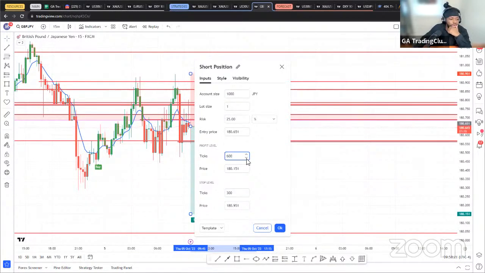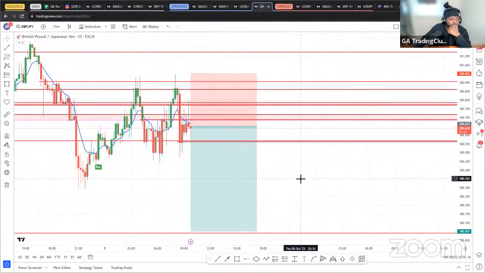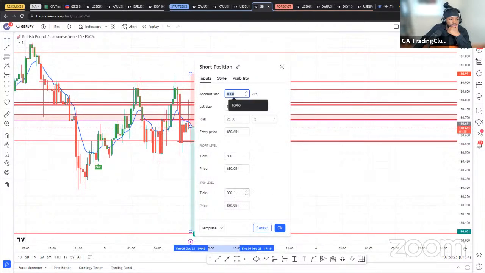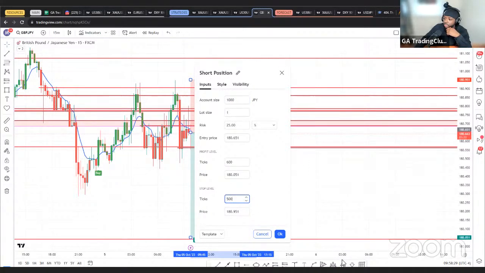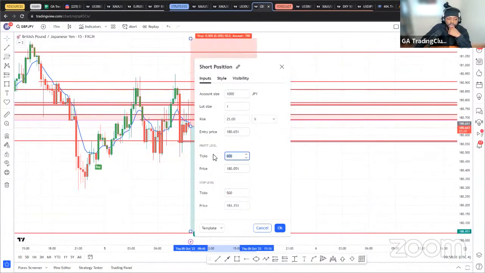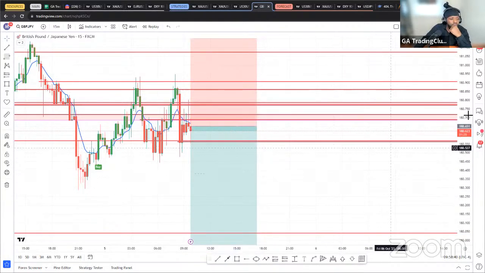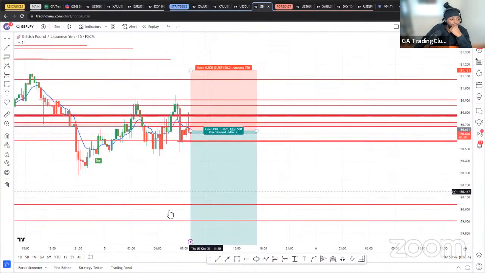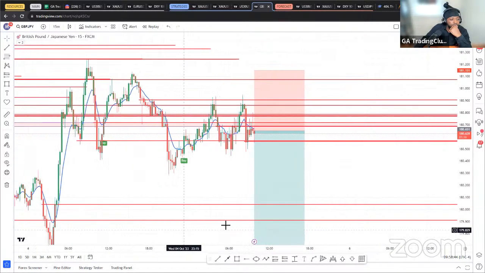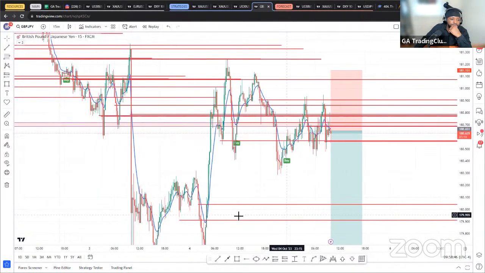So maybe a 50 pip TP. Unless they push gold back down, that hourly entry might be invalidated. So it would be a 50 pip stop loss.